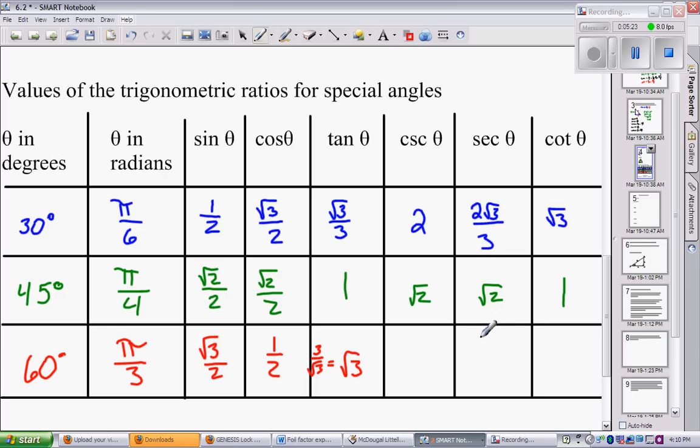Rationalize the denominator. The cosecant is going to be the reciprocal of root 3 over 2. Rationalize the denominator, 2 root 3 over 3. So it's the secant down, so that means cosecant will be 2, and cotangent is root 3 over 3.